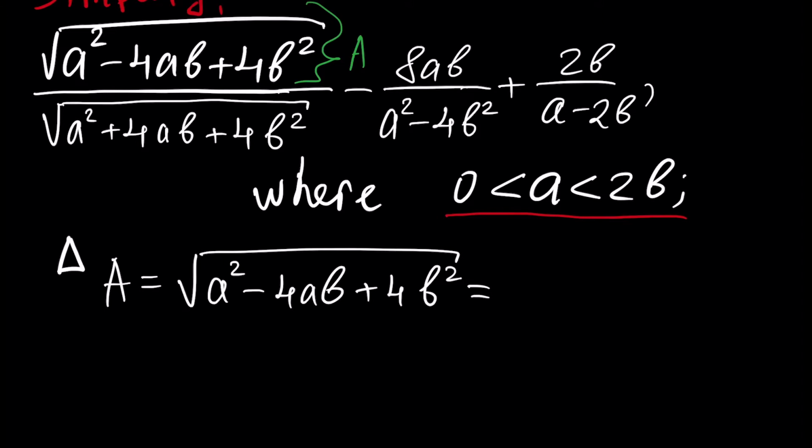This can be written as the square root of (a minus 2b) squared.